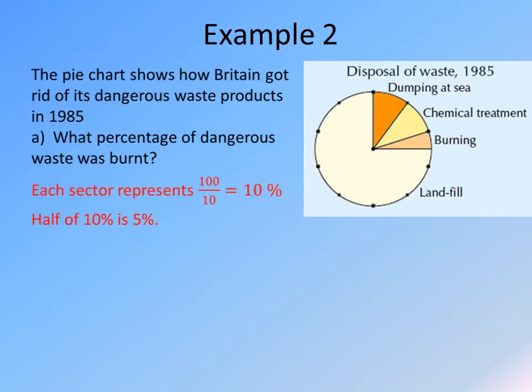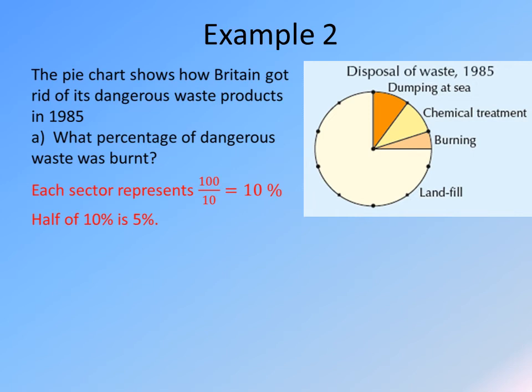Example 2: the pie chart shows how Britain got rid of its dangerous waste products in 1985. They are asking what percentage of dangerous waste was burned. First of all, you will count how many sectors you have. You have 10 equal sectors. So 100%, because the total pie chart represents 100%, divided by 10 will be 10%.